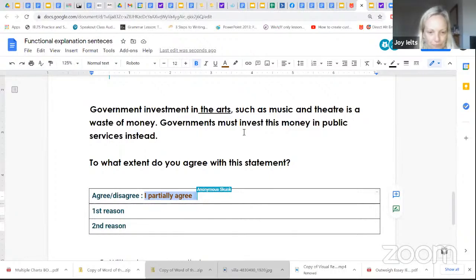Me too, you agree. Nice idea. Okay, good. Money should be invested on healthcare system. Okay.